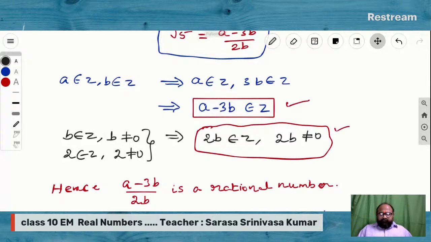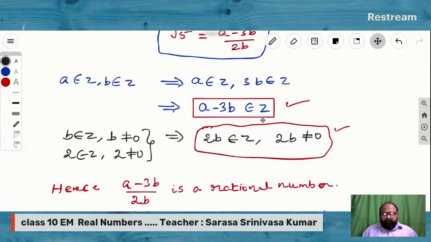I repeat this: here we have to learn the properties of integers. If we consider two non-zero integers, then the product of two non-zero integers is again a non-zero integer. So here 2b is a non-zero integer. That is, we can write 2b is an integer and it is not equal to 0.